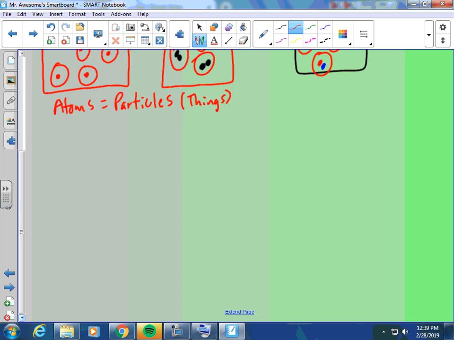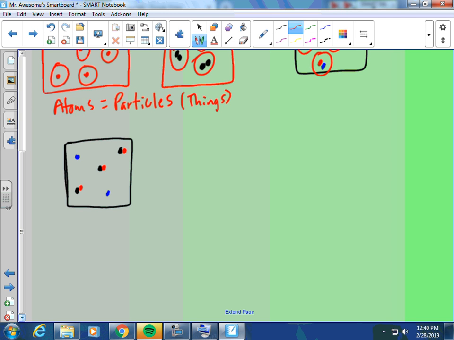So if I make a mixture, what did I say the first one? Mixture of elements and compounds. So for this, I might just have blue dots representing some element. And then I might have another one that's a compound. Okay.